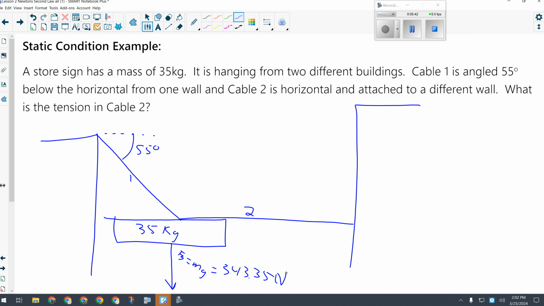But since it's angled, it has a vertical component and it has a horizontal component. Would you agree? Okay? It's pulling both to the left and up. Since it's the only part of this thing that's pulling up, its vertical component must be how many newtons?